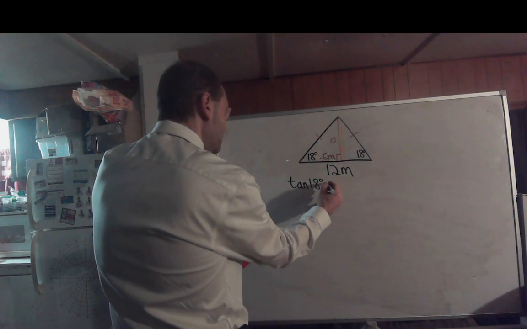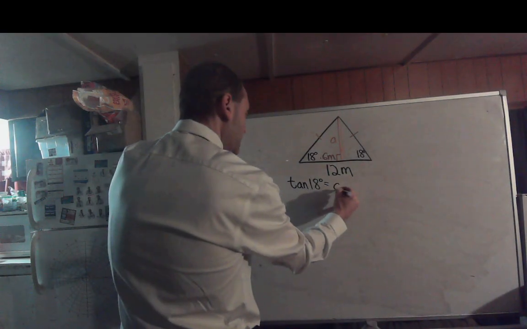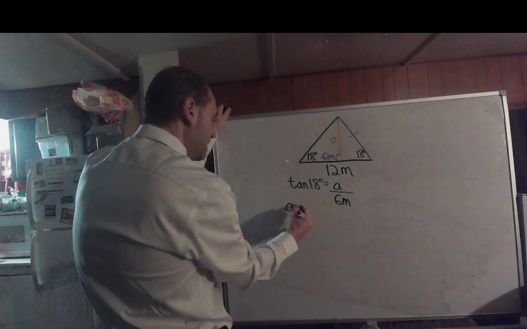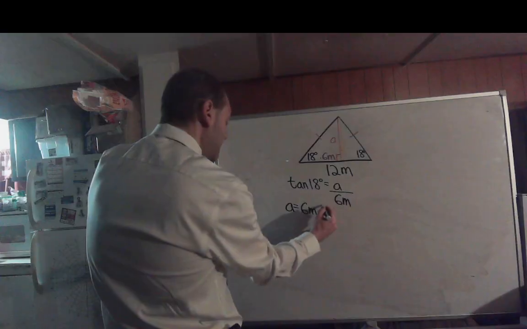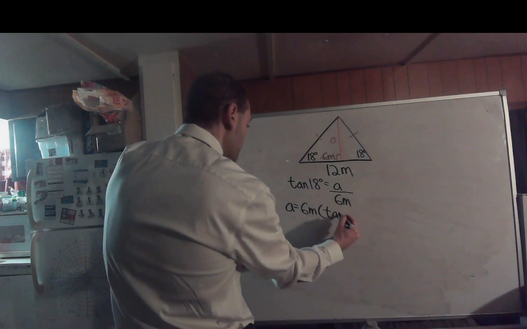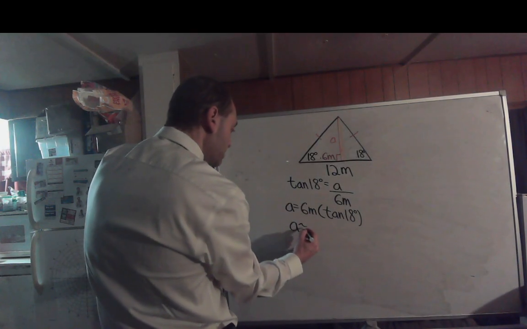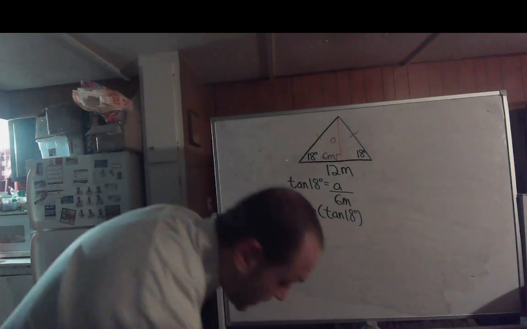So now, if we take the tangent of 18 degrees, that's going to equal that altitude A over 6 meters, which means that A equals 6 meters times the tangent of 18 degrees, which now we should be able to get a 2 decimal place approximation for the height of the altitude.